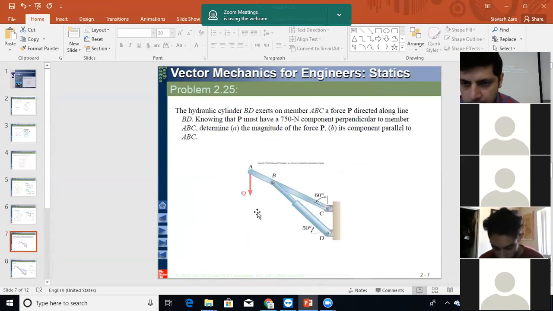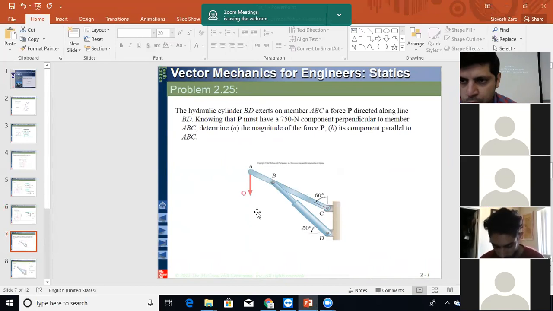another problem. This is a bit more challenging. We have a hydraulic cylinder BD that is connected to a rod ABC, and it is exerting a force at point B, and you know the component perpendicular to ABC, which is 750 Newton.